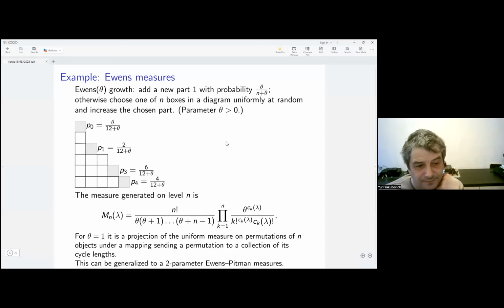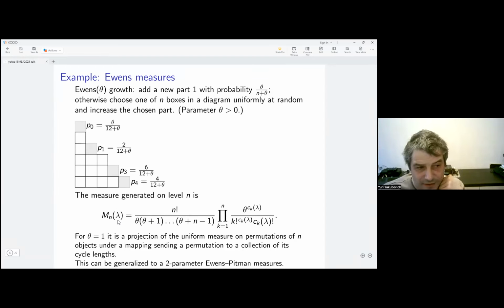And it is well known that if we follow this procedure, then on level n we can write down an explicit formula for the probability to end up at this specific partition lambda.